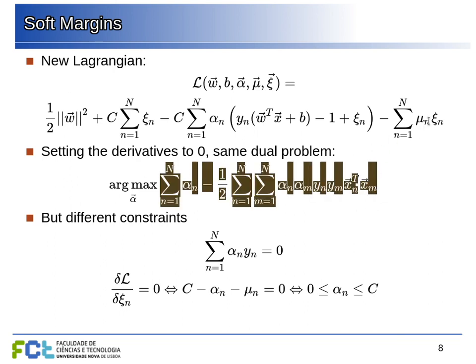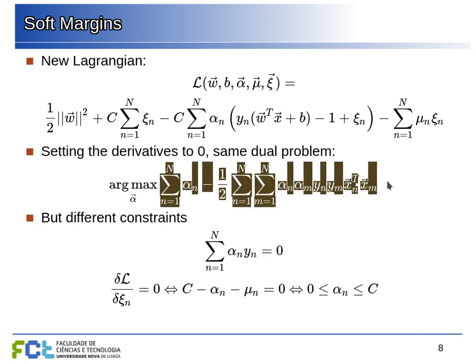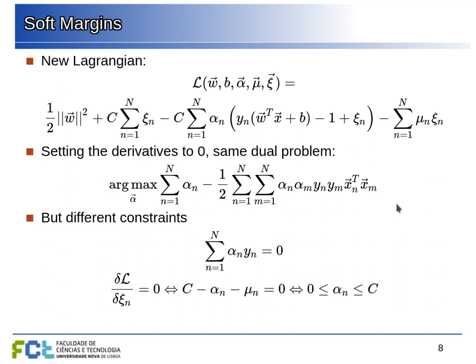So including these slack variables to soften the margins does not change what we need to optimize to compute the alphas. But what results is that because we need also to compute the critical points of the Lagrangian when the derivative with respect to all the xi values is 0, this ends up giving us this expression as a function of the alphas and the Lagrangian multipliers for the xi values, which ends up being equivalent to placing an upper bound on the possible values of the alphas.